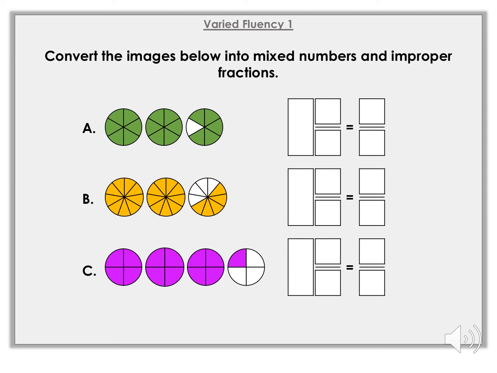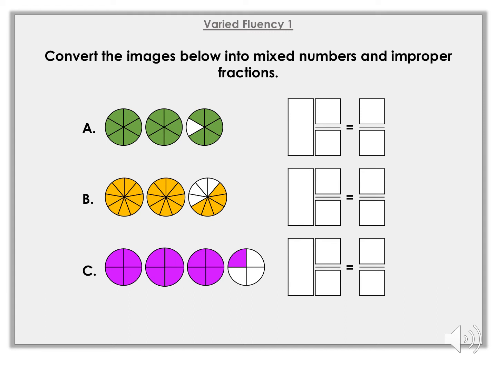Right, the first thing you should be doing is working out what these circles or diagrams have been chopped into. So can you count up those pieces? And I'm hoping that you are saying 9 because they are chopped up into 9 pieces. So I've got that in my head. My denominator is going to be 9. What is my whole number going to be?